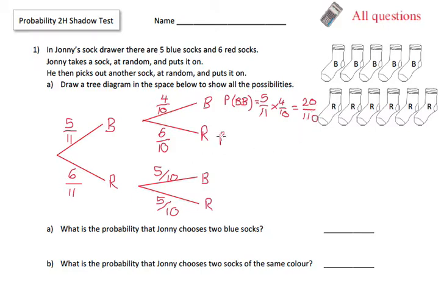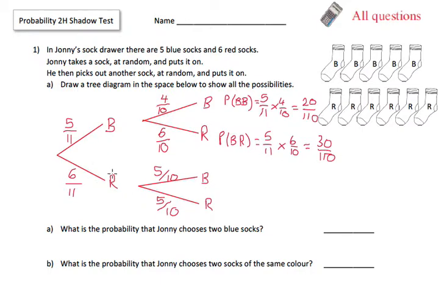Okay, the probability he chooses a blue then a red is 5/11 times 6/10. So that's 30 over 110.